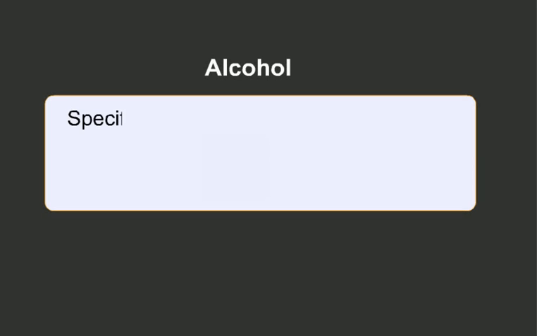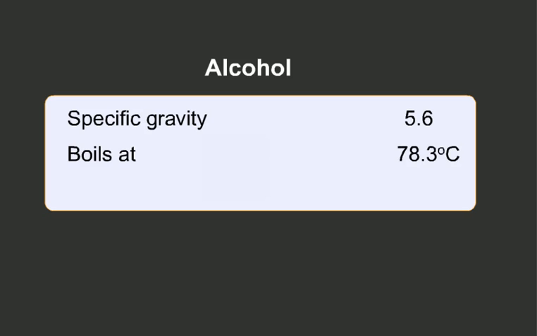Students, alcohol is also a very commonly used thermometer liquid. Alcohol has a lower specific gravity, which is 0.8, and boils at 78.3 degrees centigrade. Its freezing point is minus 112 degrees centigrade.